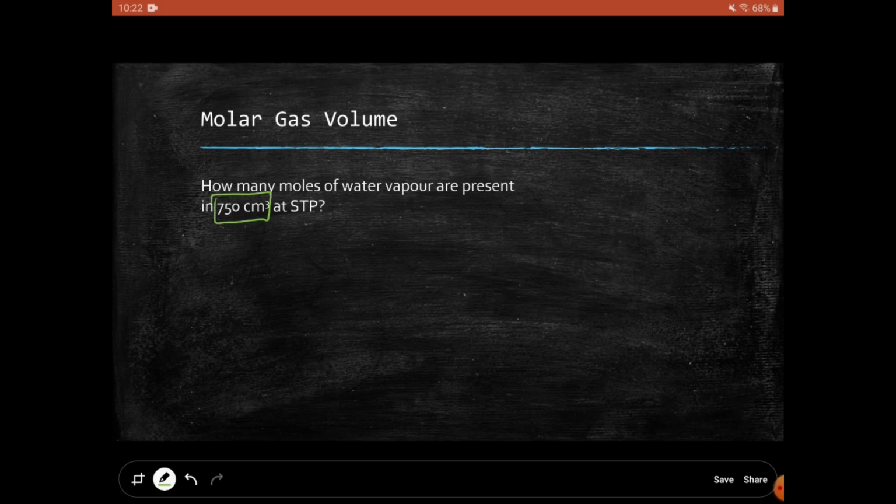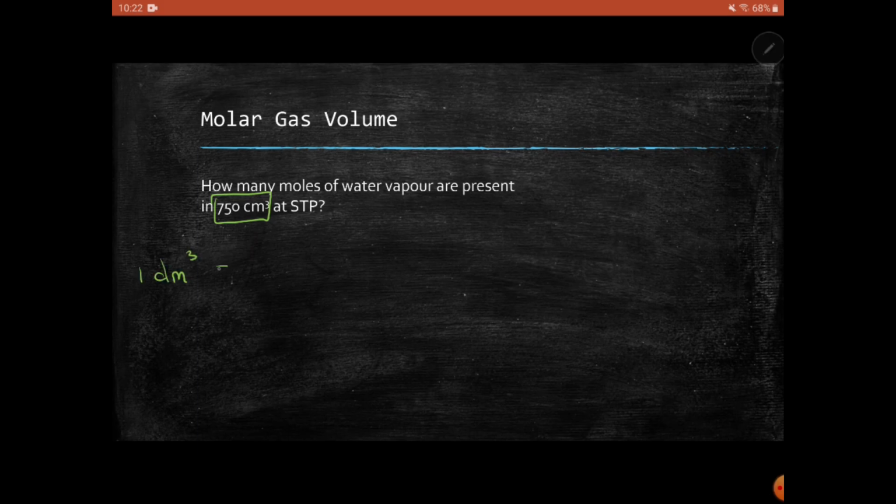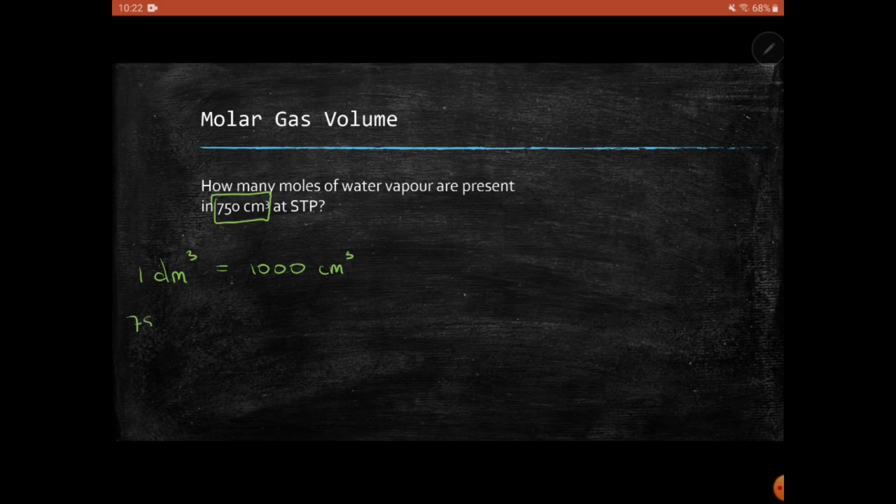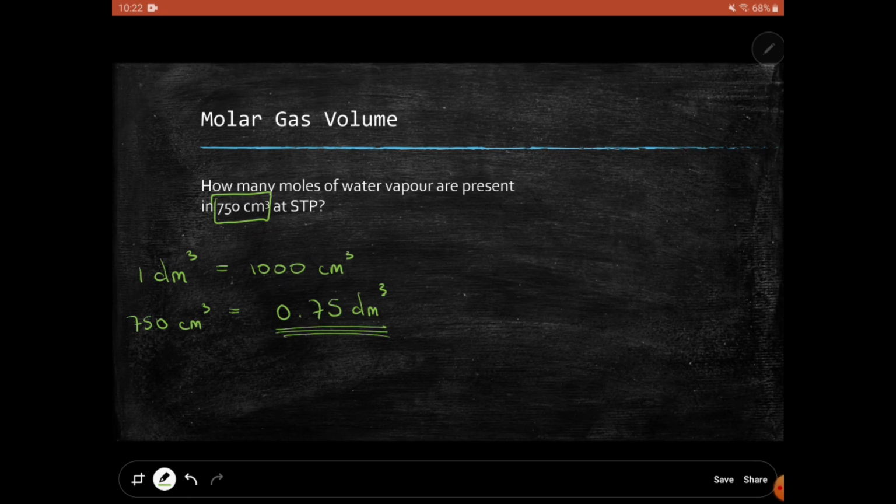So first we'll have to convert 750 centimeters cubed to dm cubed. 1 dm cubed is equal to 1,000 centimeters cubed. So in order to convert from centimeter cubed to dm cubed, we have to divide by 1,000. Once we have converted the figure, we can go ahead and do our calculations.